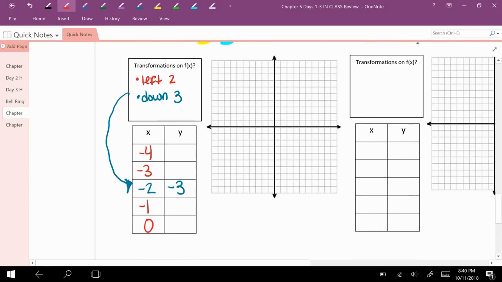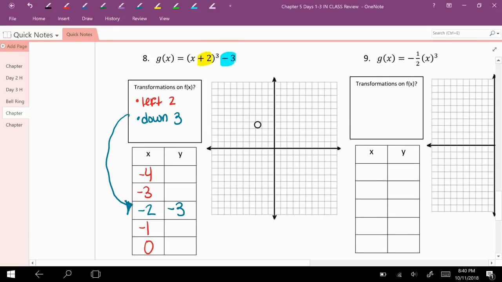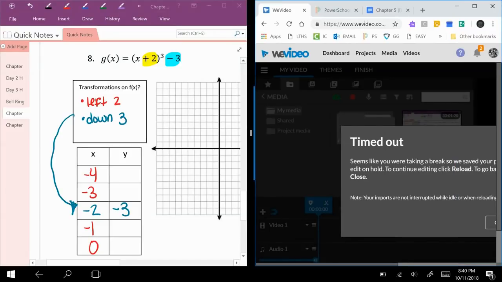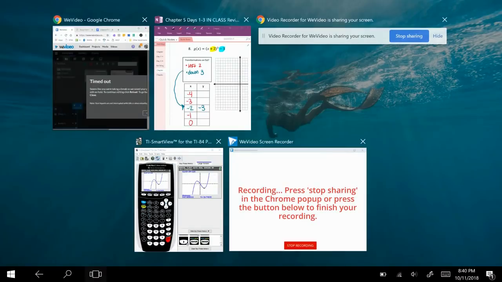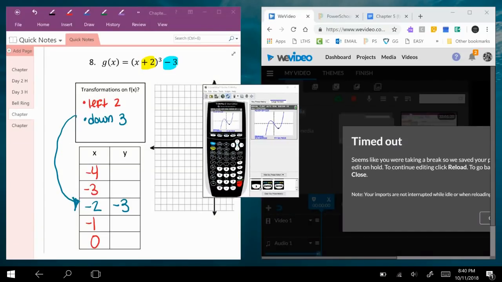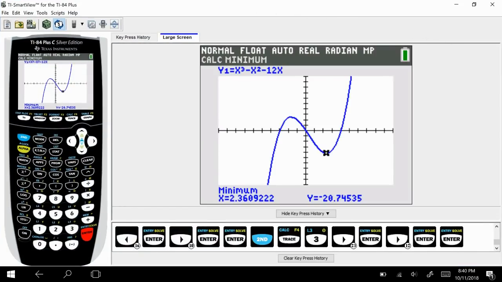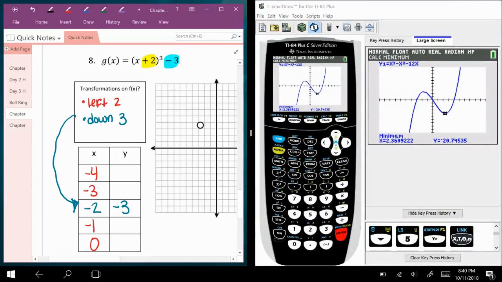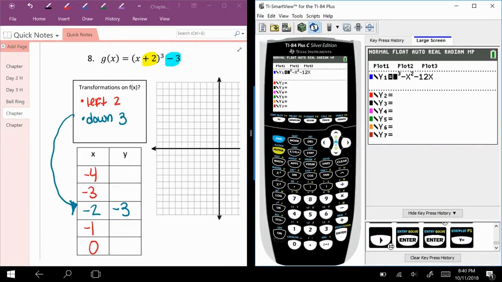And we're going to get out our graphing calculator and either plug those numbers in or go to y equals. Okay, so you want to go to y equals, clear it out, and I'm just going to type it in.